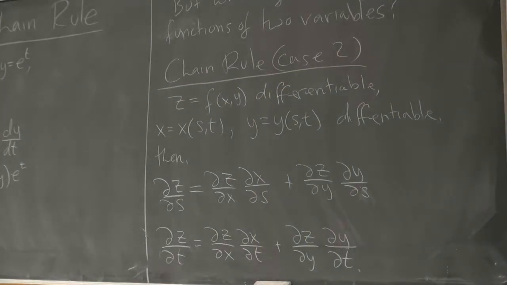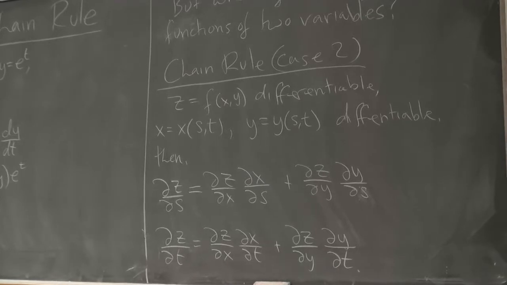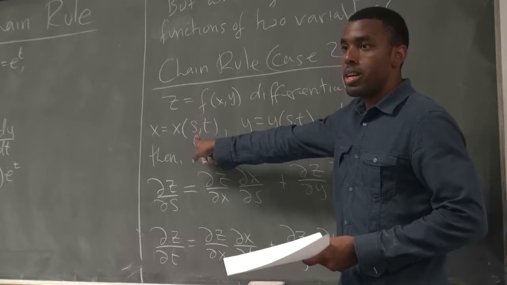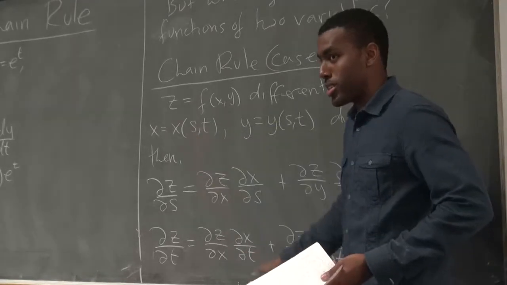In that case, do you have examples of that? Of course I do. And these are all in partial notation. They're all in partial, because even your inner variables are multivariable functions.